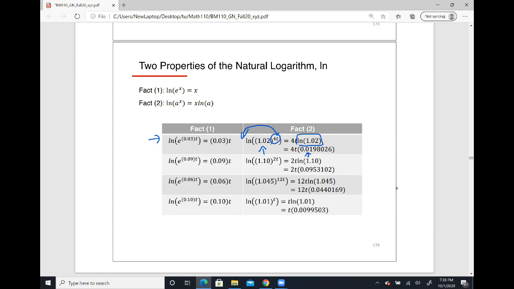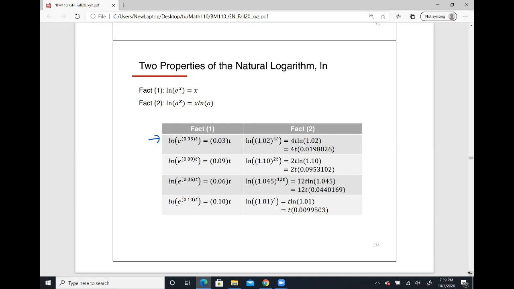You can use this as a step to solve a problem with the exponential formula. Similarly, with this problem, you just put the 2t in front of the log, I mean the power inside the argument goes in front of the log, and then simplify the log with the calculator. So that is a way to apply the two properties of the natural log.